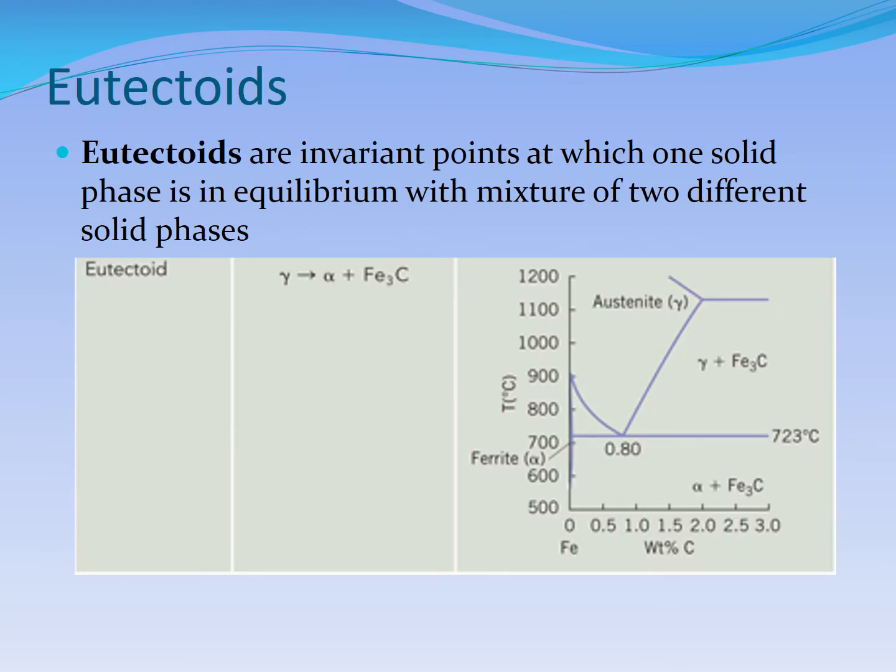Now eutectoid, we will see later on. You see, this is an iron carbide or a steel diagram. So on the previous page you had lead and tin and so on, right? This time it is iron. It is iron on one side, iron carbide on the other side.